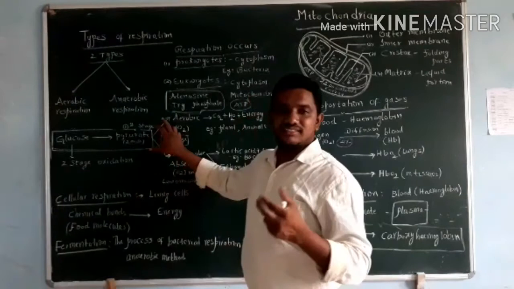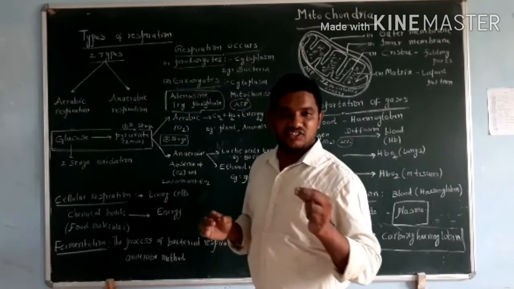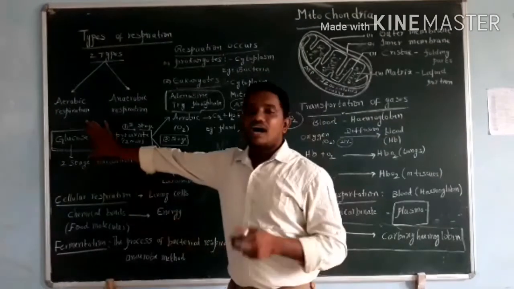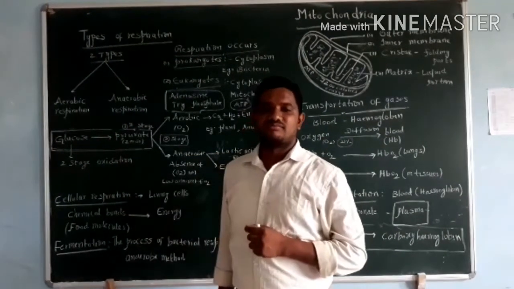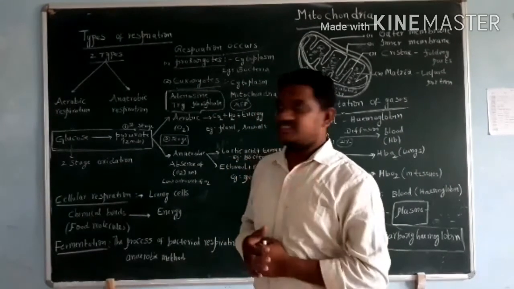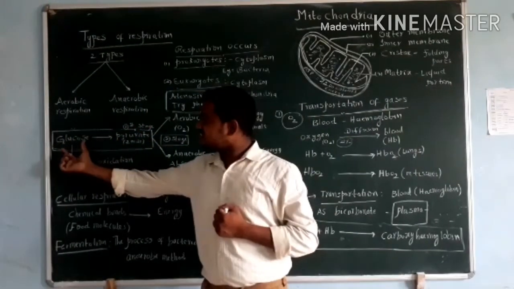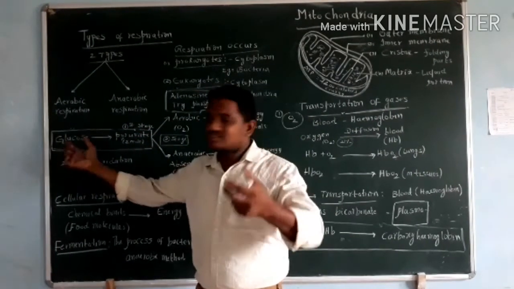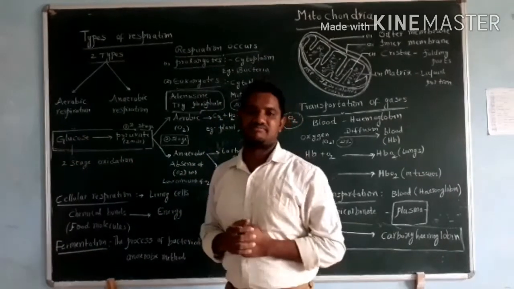Here pyruvic acid is two molecules. Actually, oxidation of glucose takes place in two stages. First stage is glucose converted into pyruvic acid.